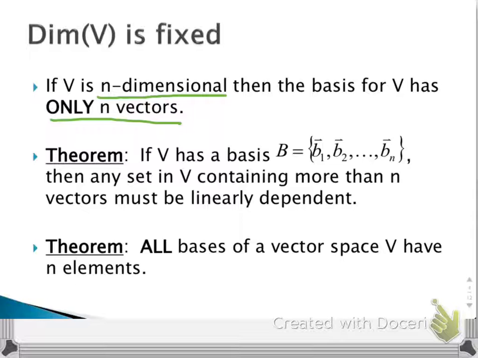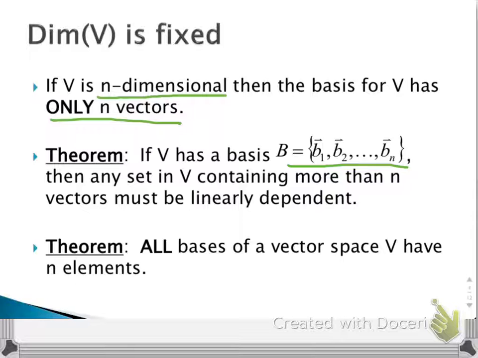And so from that, we have a couple theorems. One, if V has a basis B1 up until Bn, then any set in V containing more than n vectors must be linearly dependent. And that sort of makes sense, right? Because in R3, the basis for that has only 3 vectors.